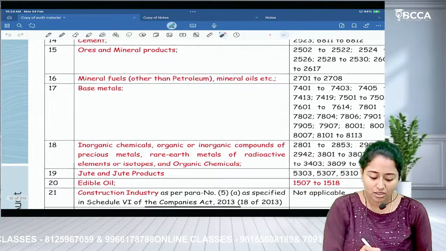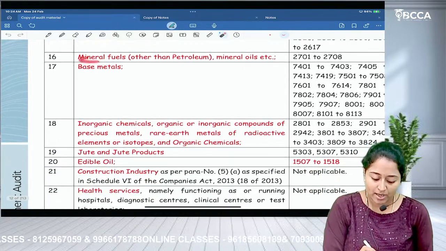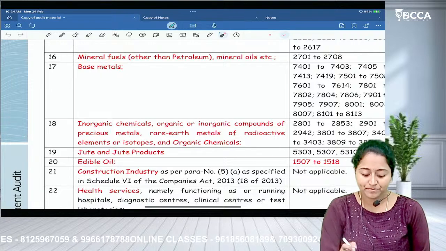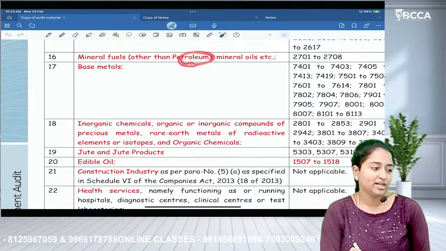Next is cement, ores and mineral products, mineral fuels other than petroleum, because petroleum is covered under the regulated sectors.